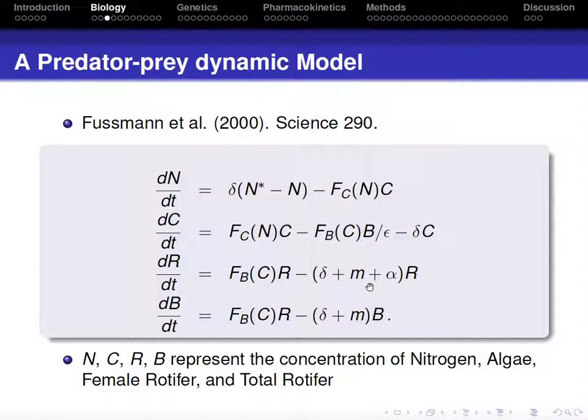So how can we come up with the values for these parameters? A common practice in biology is that, okay, this M represents the death rate of the rotifers. So maybe they can search the literature to find the death rate of the rotifers. And maybe this alpha represents the decay rate of the female rotifers losing their reproducibility.